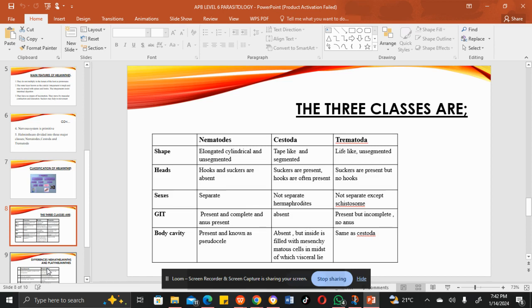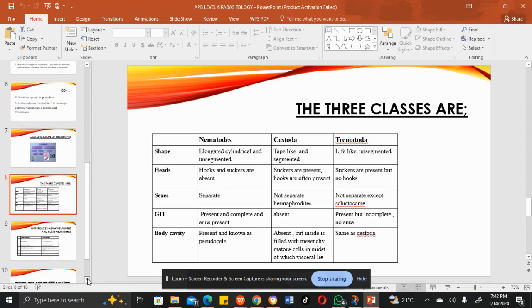And then the body cavity of the nematode is present and is known as the pseudocoel. In the cestode, the body cavity is absent, but the inside is filled with meta cells in the midst of which the viscera lie. Trematodes also lack a body cavity. Those are the main differences of the three classes of helminths.